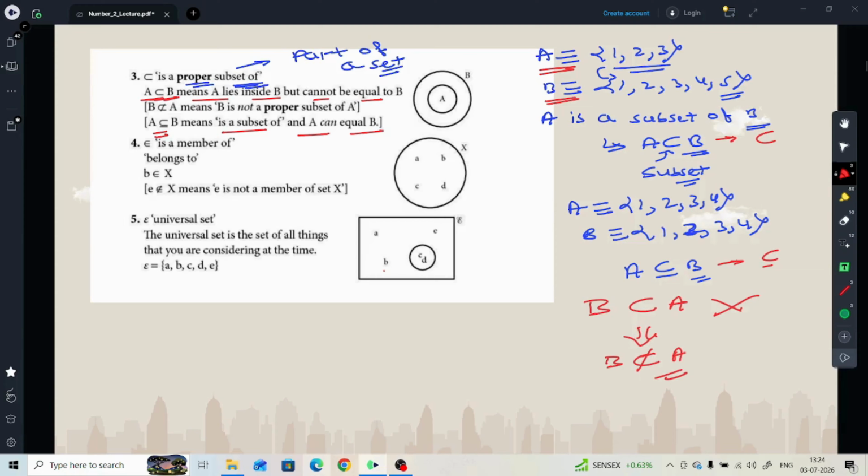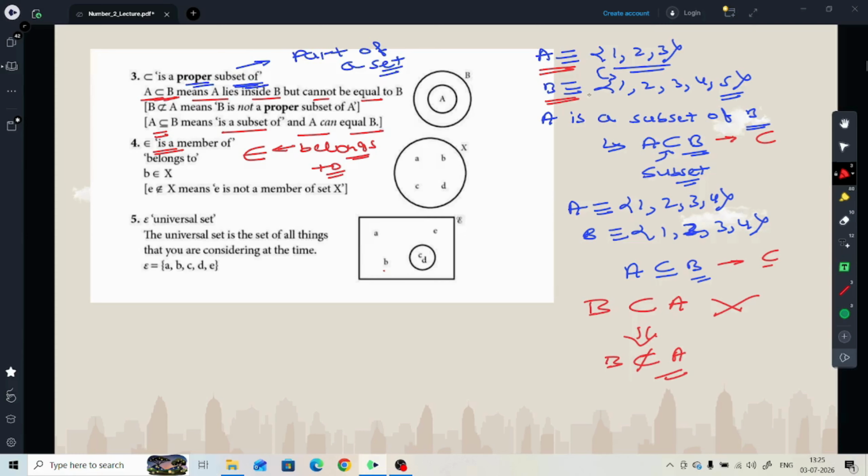Okay, now the next symbol that you need to understand is basically this symbol, which looks like an embedded E. And that is actually for belongs to. Now what does this mean? It's actually very, very simple to understand. Belongs to means that it is describing a relationship between an element and a set.